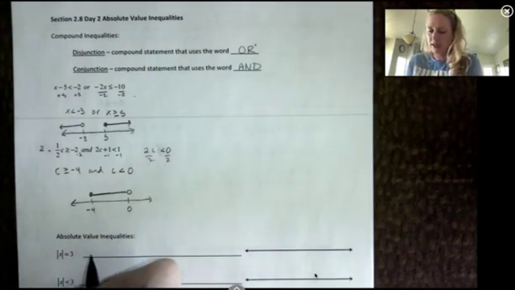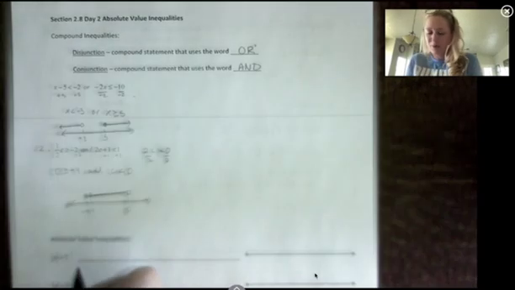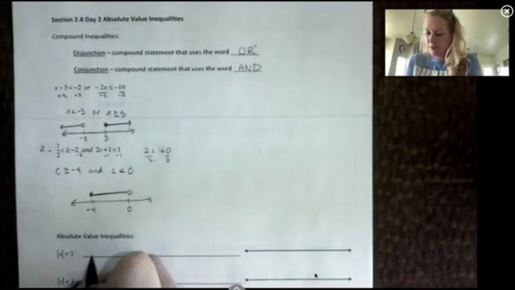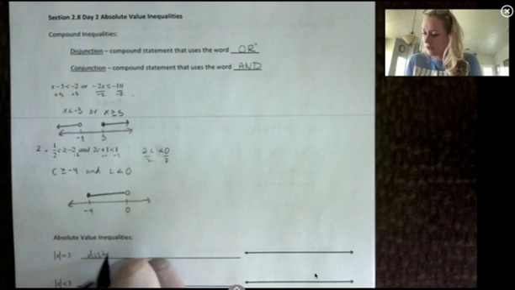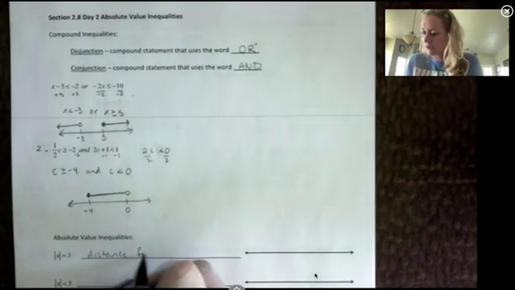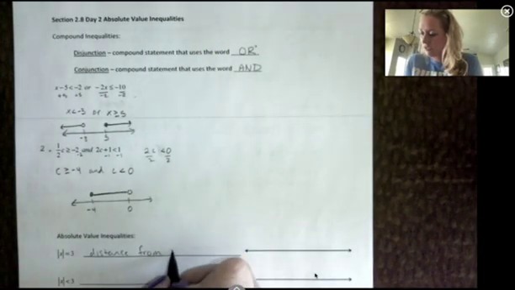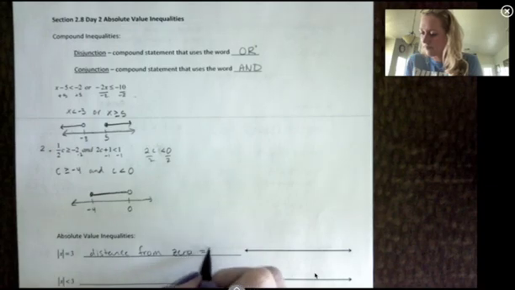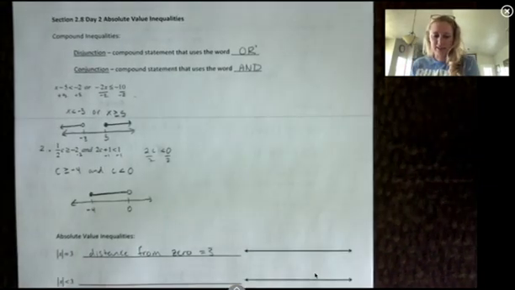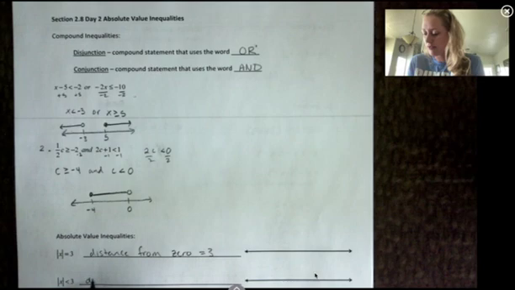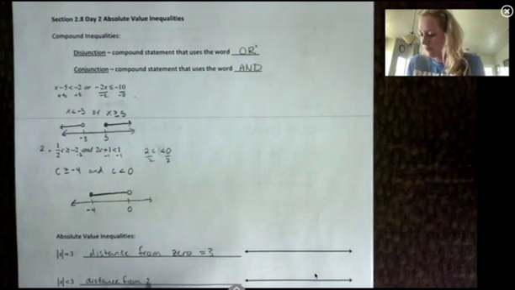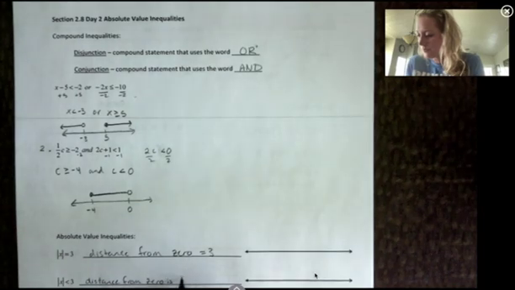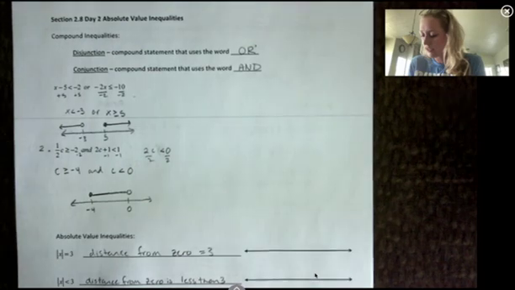So in the other video, we talked about absolute value being the distance away from 0. So distance from 0 in this case is 3. Okay? The distance from 0 is less than 3 is what this one means. And then the distance from 0 is greater than 3.